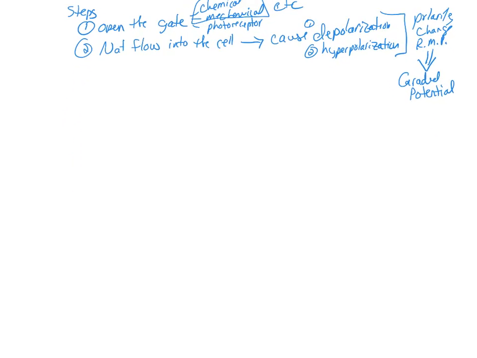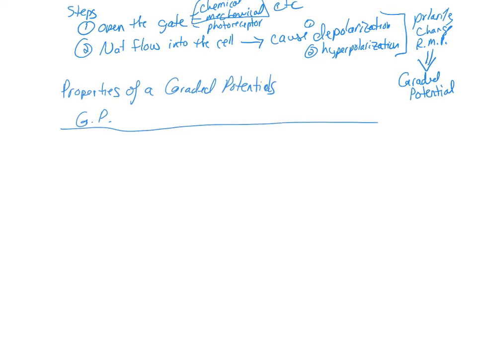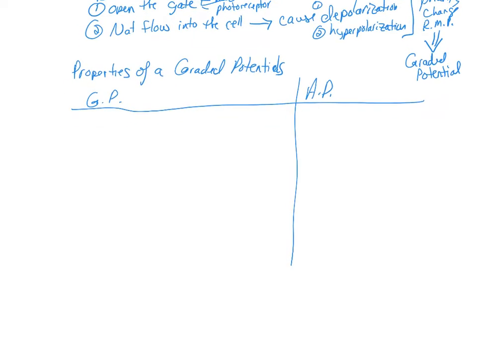So let's summarize the properties of a graded potential that make it special and different from an action potential, okay? So we're going to do GP for graded. We're just going to make a table over here, and we're going to do AP for action potential, okay?